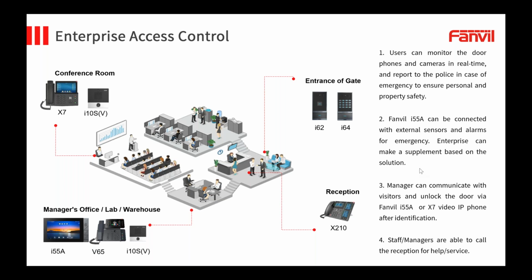The third, managers can communicate with visitors and unlock the door via Fanvil I55 indoor stations or the video IP phone X7 after their identification. And the last, the staffs and managers are able to call the reception for help or services.